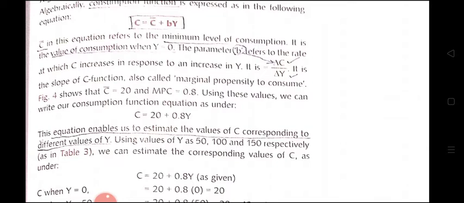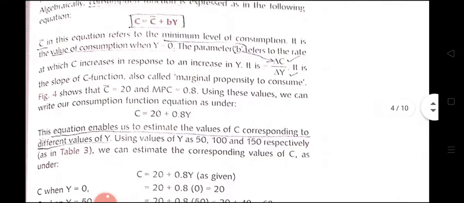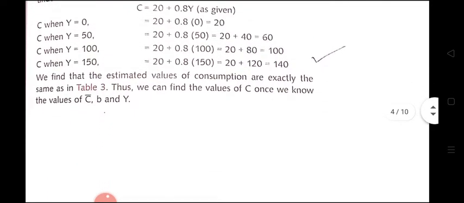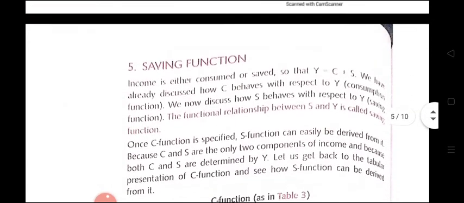So C, that is consumption, is equal to C bar, which is autonomous consumption, plus bY, that is MPC into Y, that is income. Again, a numerical is given. You can go through this numerical. It will be easier for you to understand and do the numerical. So this is the consumption function.